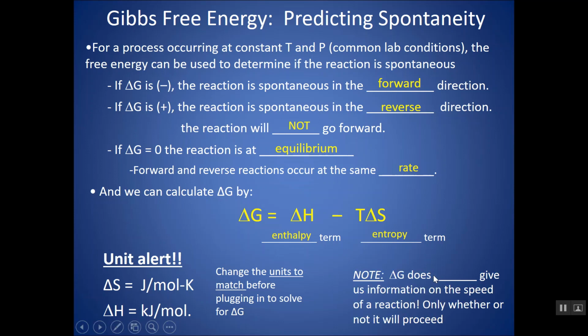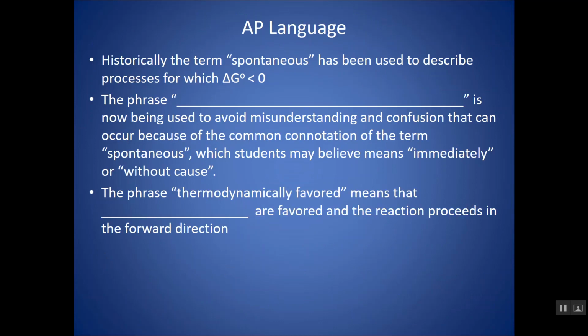Okay. Remember, too, that delta G is only giving us information about whether or not the reaction will proceed forward. It does not give us any information about how fast this is happening, only whether or not the reaction would happen. We'll get to a whole chapter on kinetics, which is rates of reaction. Historically, this word spontaneous has been used to describe reactions where delta G is negative, that will proceed in the forward direction.